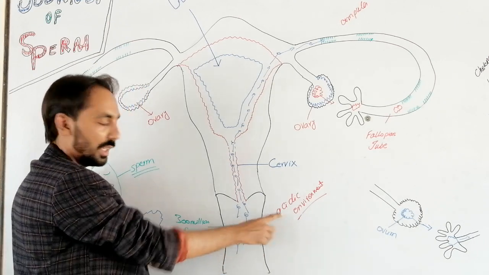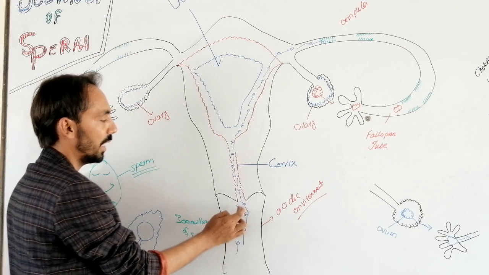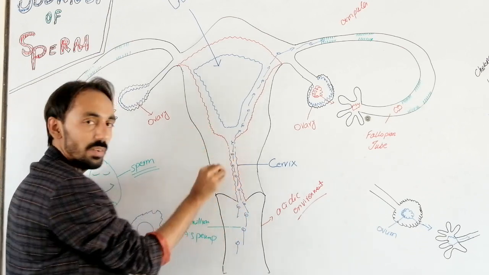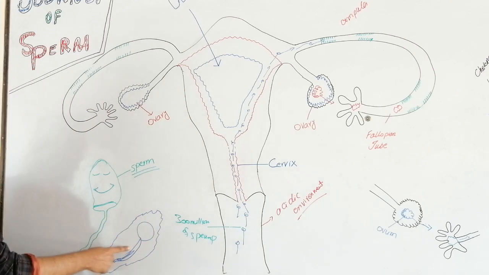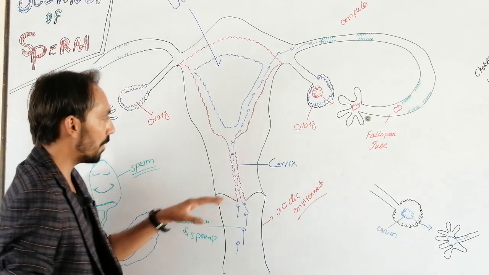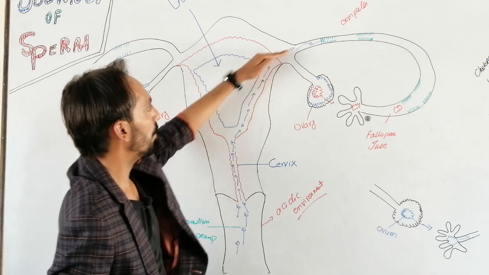This acidic environment kills many of the millions of sperms, and then they move toward the cervix, and in the cervix, the immune cells kill these sperms, and the survivors will finally move towards the fallopian tube.